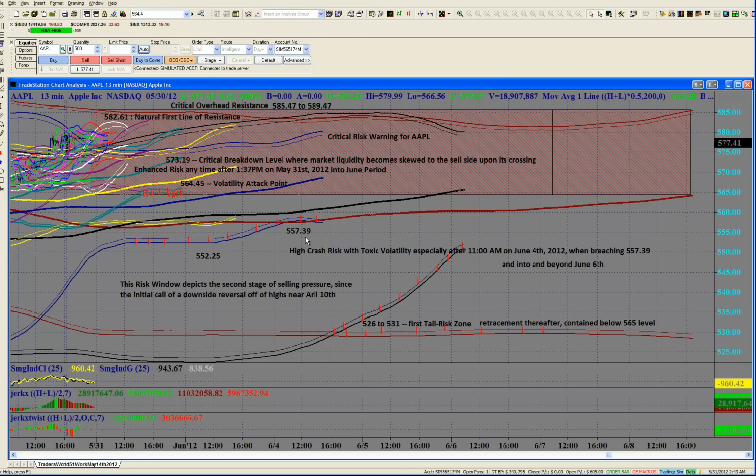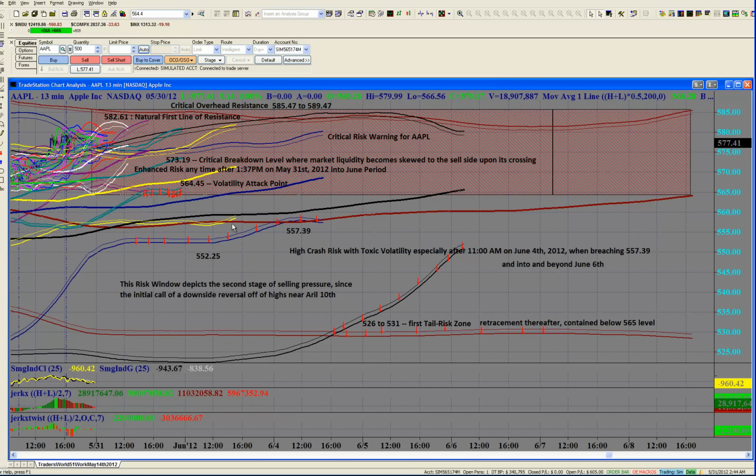Once we get underneath that 557.39 area and stay underneath there for an entire bar, or just trading below that area for more than 13 minutes, then there is a high risk of a toxic volatility event occurring beyond the period of 11 o'clock in the morning on June the 4th, okay, and still very enhanced into and around the June 6th area, and tremendous follow-through from there.